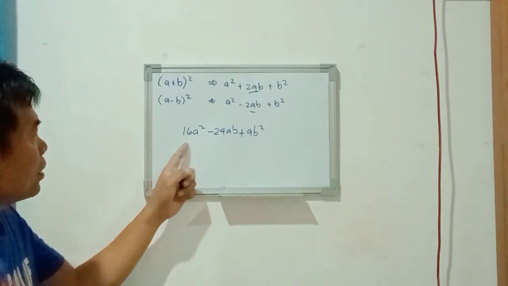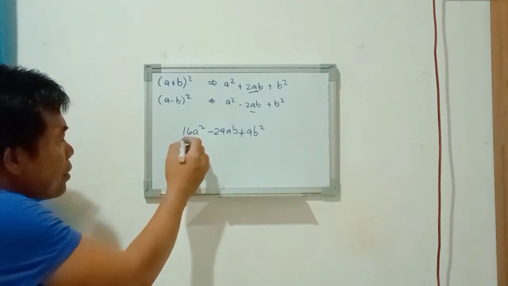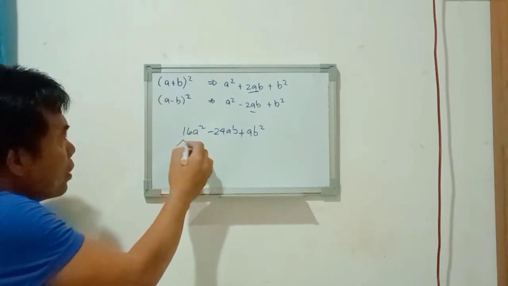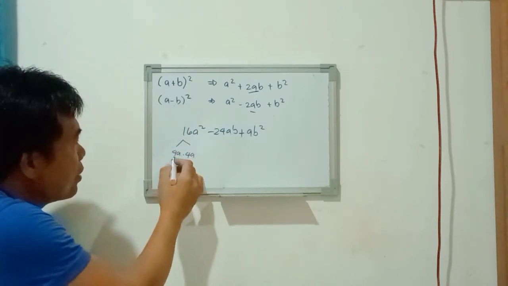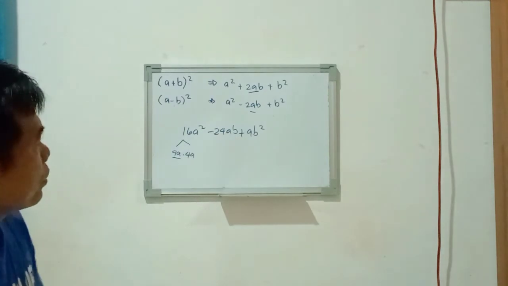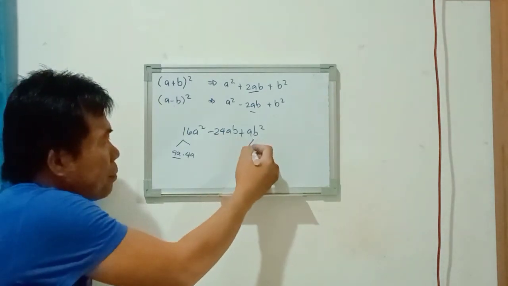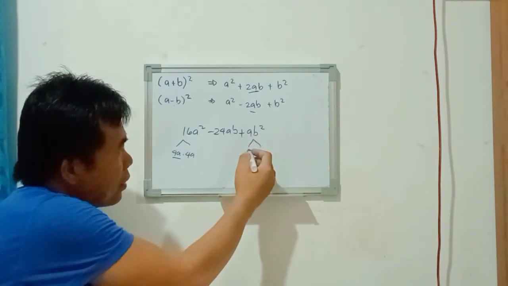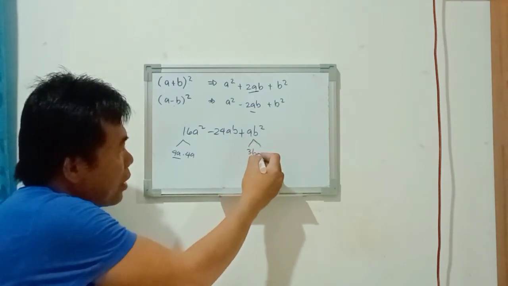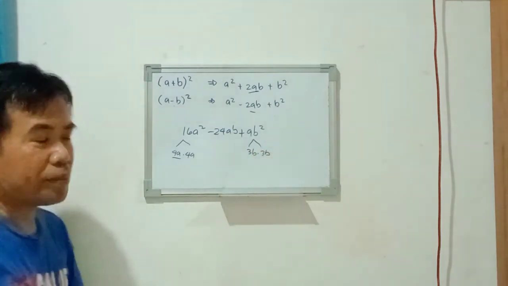The first term is a perfect square, since 16a squared can be written as 4a times 4a, and this is its square root. And the last term is also a perfect square, since it can be written as 3b times 3b.